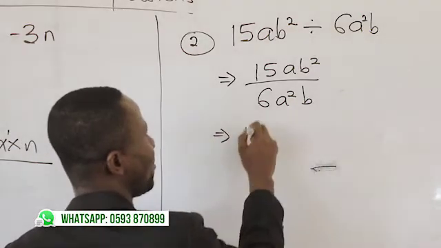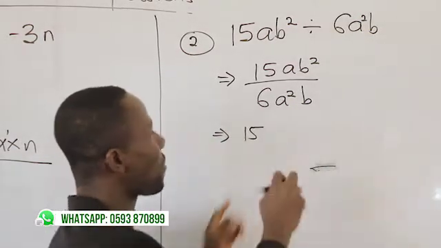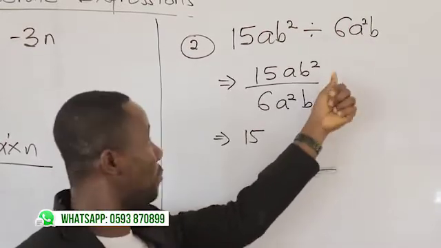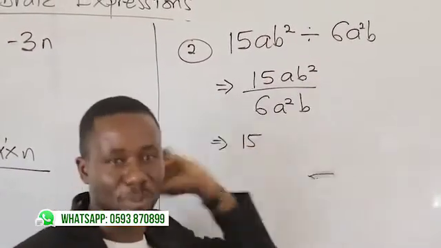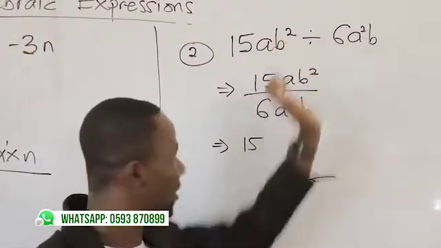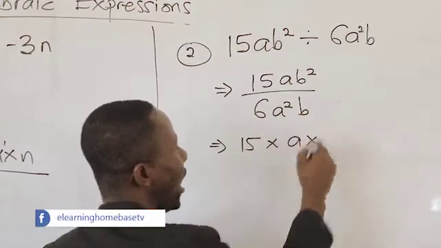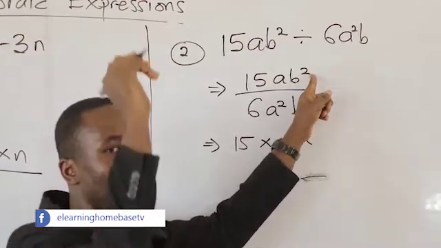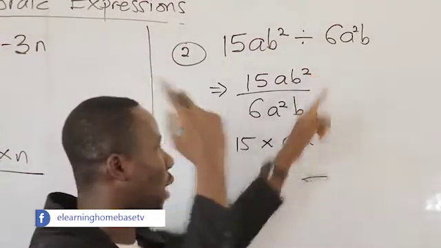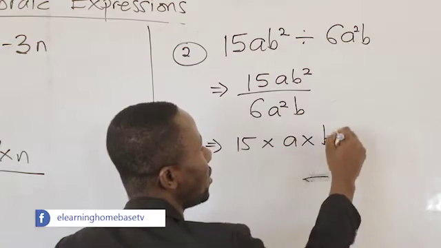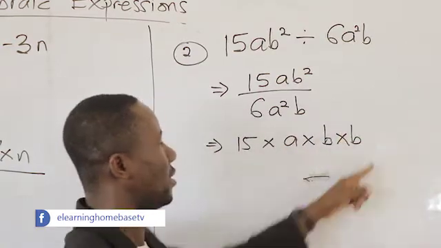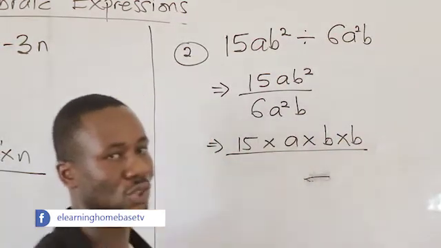I have 15, expressing these ones in terms of multiplication because the operation involved here is multiplication at the numerator. So 15 times a times b squared means b is multiplying itself twice. So times b times b. Division sign follows.